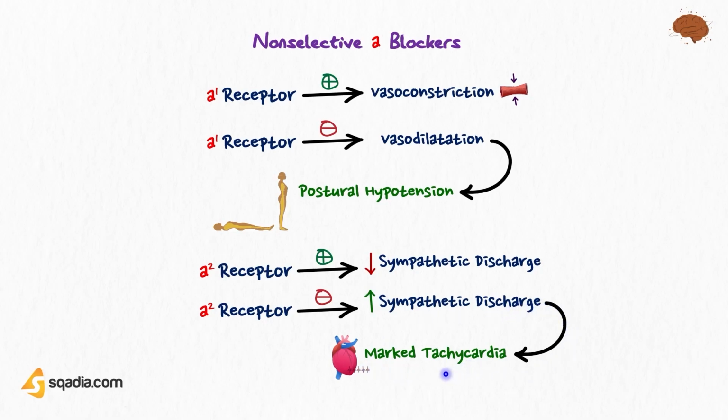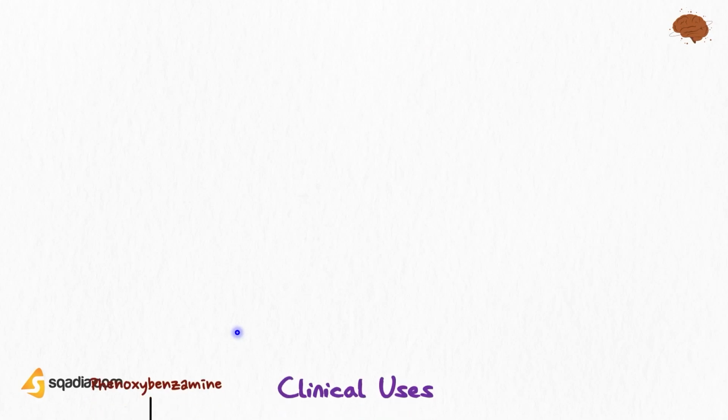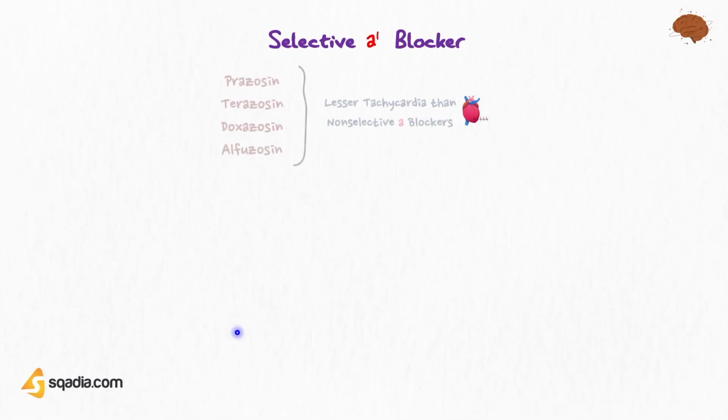The advantage of giving only a selective alpha-1 receptor blocker is that it decreases the blood pressure and causes vasodilatation, but marked tachycardia does not happen, which is the effect of the alpha-2 receptor. That is the only reason we use selective alpha-1 blockers: they promote lesser tachycardia than non-selective alpha blockers. Selective alpha-1 blockers include prazosin, terazosin, doxazosin, and alfuzosin.